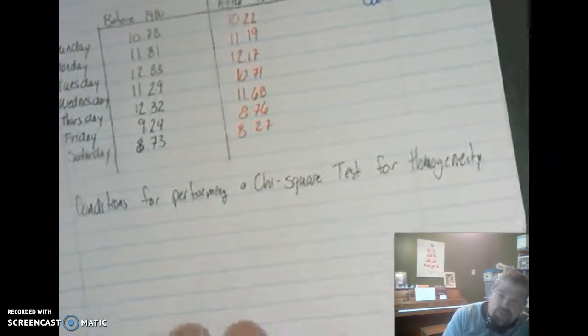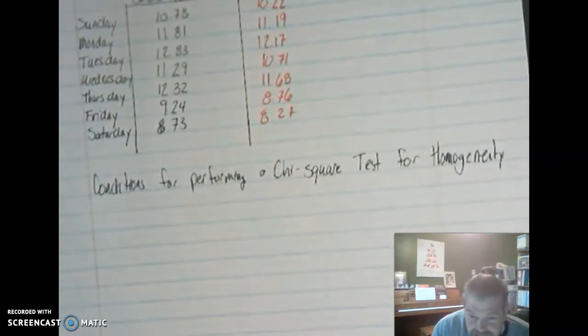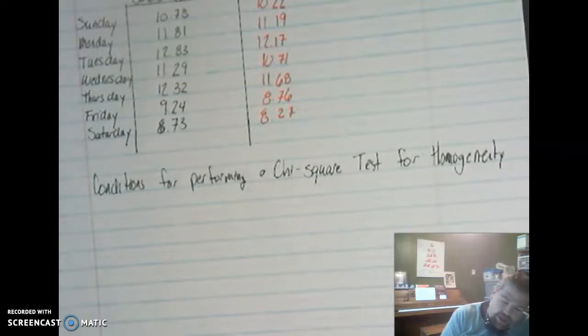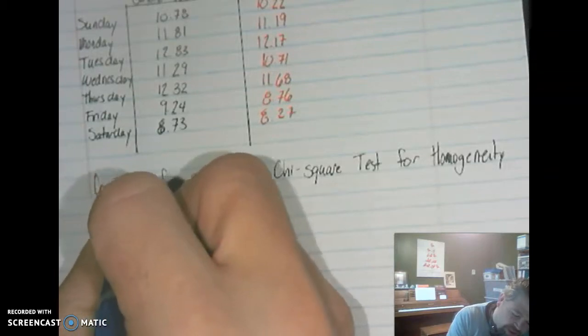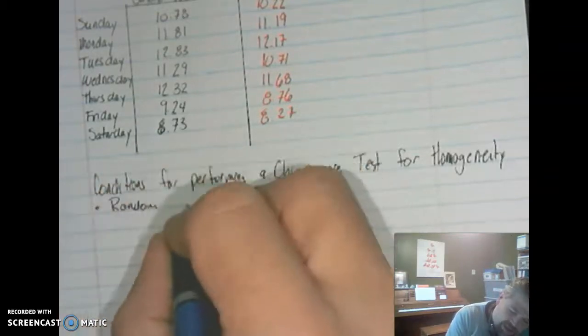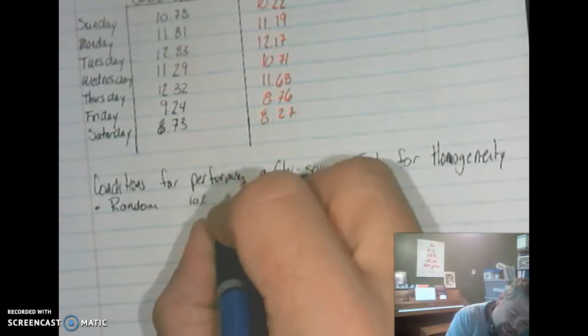Anyway, so we don't have to worry about independence this time, which is kind of weird, because we're actually going to be testing for independence later on with the chi-square. But it's the same conditions. We've got random. We've got our 10% condition.